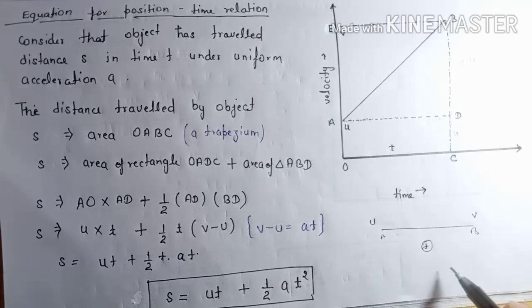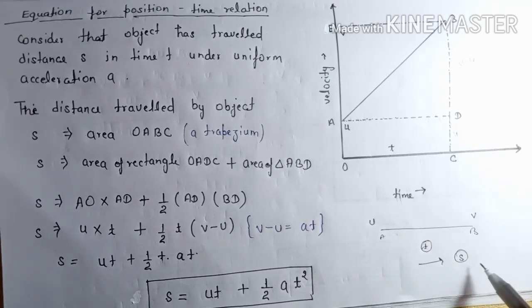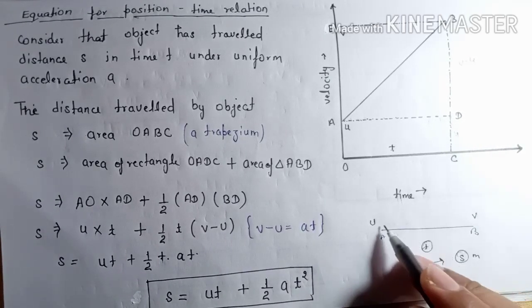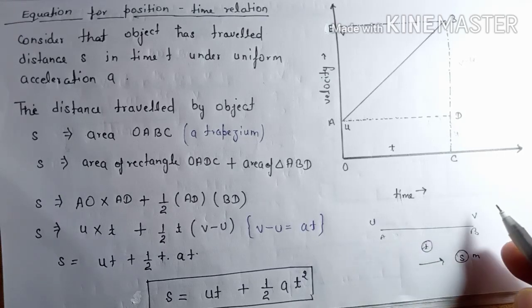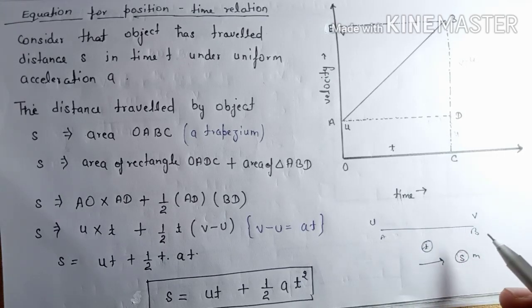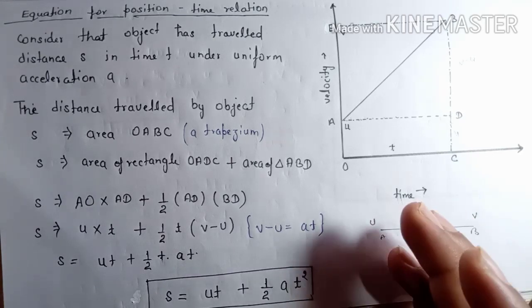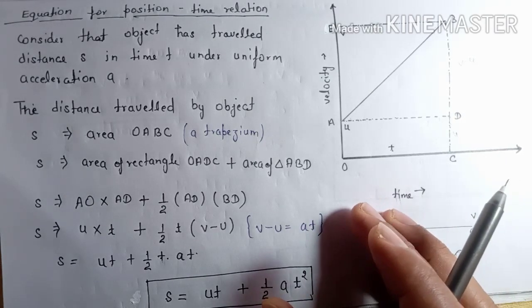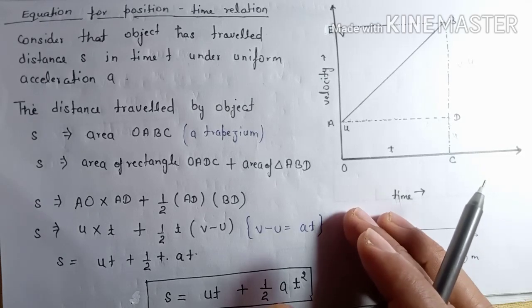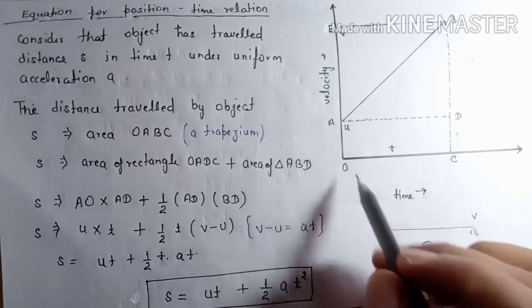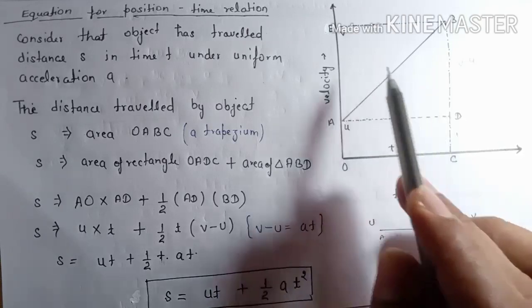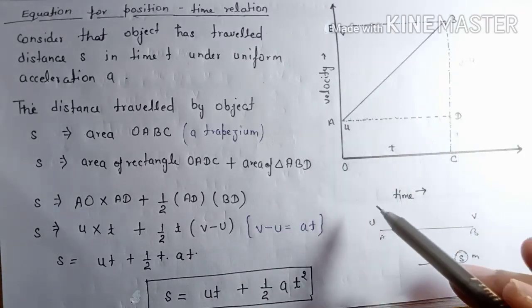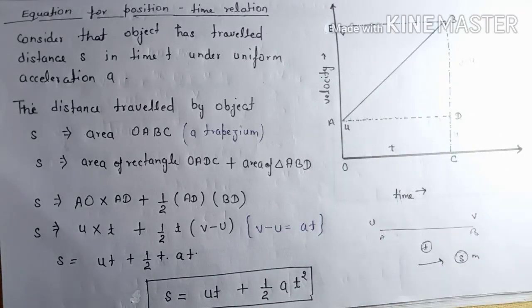In time t, just consider the body travels s meters to attain this velocity from u to v. So how to calculate this? If you remember, in the velocity time graph we got a conclusion that the area covered by the graph of velocity and time is equal to the distance traveled during the time.